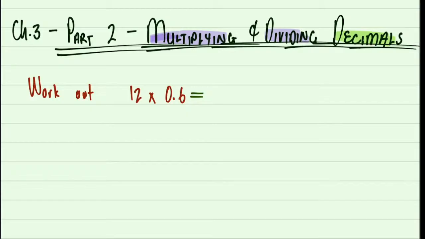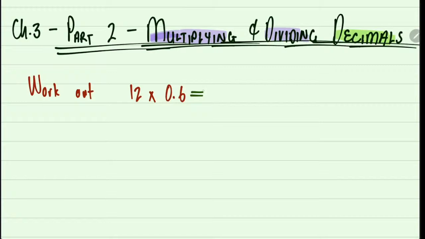So if they say work out 12 times 0.6, in your working, ignore the comma. Act like 0.6 has no comma, so it'll be 12 times 6. Make everything a whole number. That's the rule.